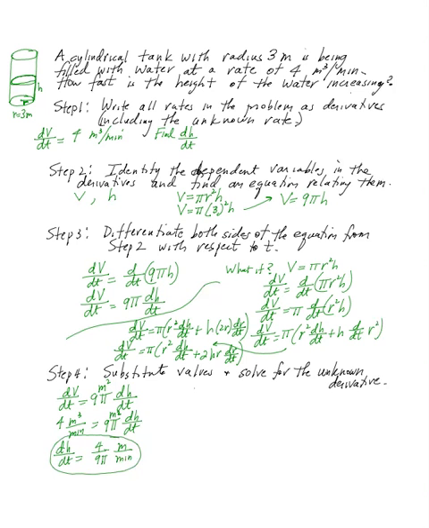Now, here's my what if. What if I had not substituted that 3 till the end? Watch this. I would have dV/dt equals pi r squared dh/dt plus 2hr dr/dt. So let's substitute values. That's 4 meters cubed per minute. What's the radius? It's 3 meters. dh/dt is what we want to know.